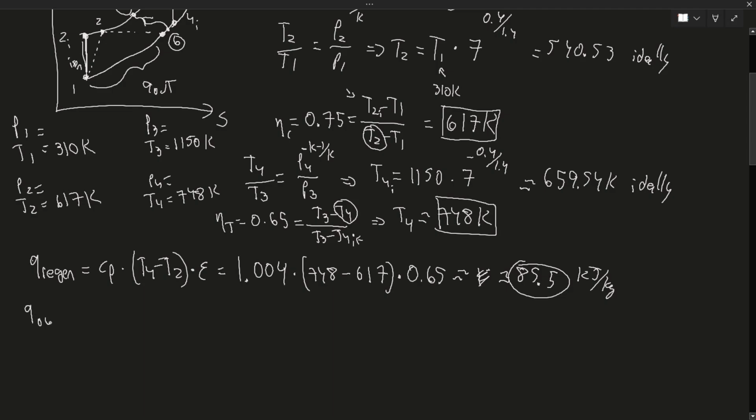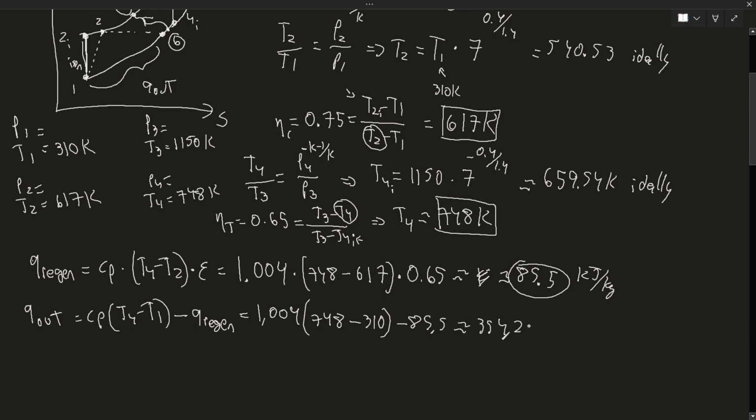Now, Q out is this bottom part over here. It's equal to Cp times (T4 minus T1). This is as if it was a simple Brayton problem, but we have to take into consideration whatever is being used in the system to regenerate. So 1.004 times T4, 748, minus T1, 310, minus our Q regen, 85.5. That's going to give us about 354.25.